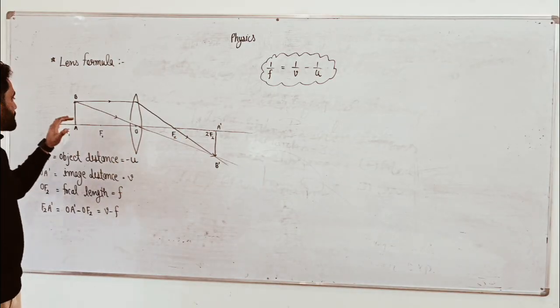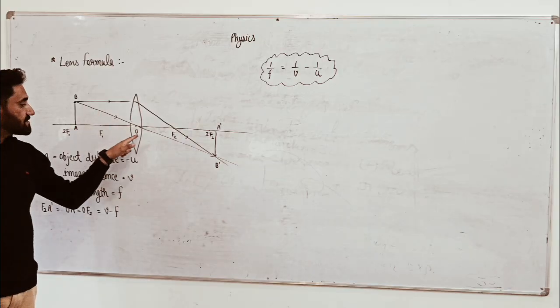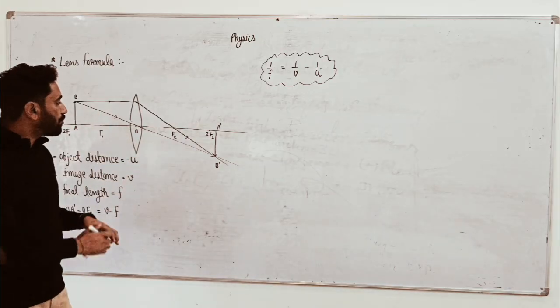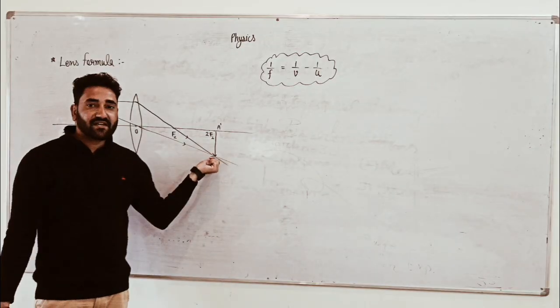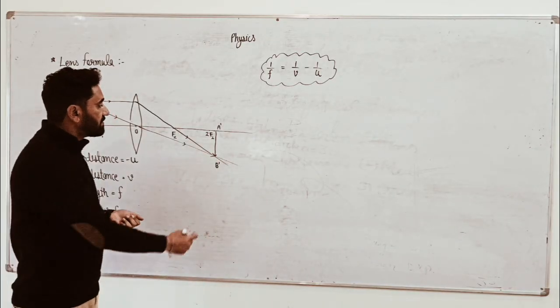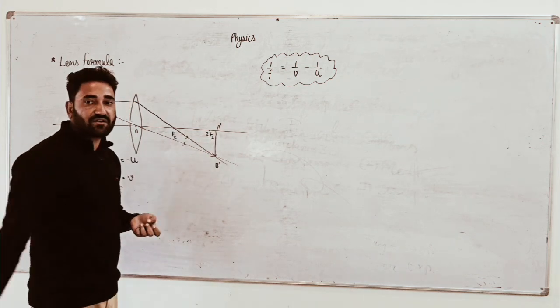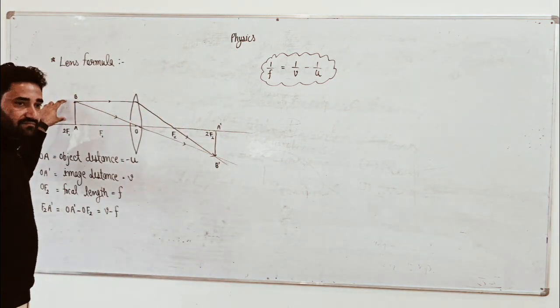For image formation, the second ray passes through its optical center, and both these rays after refraction intersect each other at this point. So here A dash B dash will be the image of this object AB.